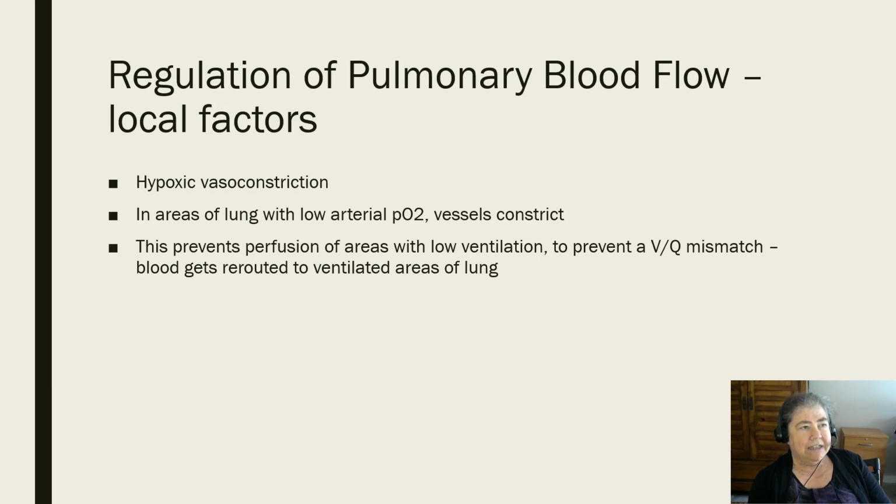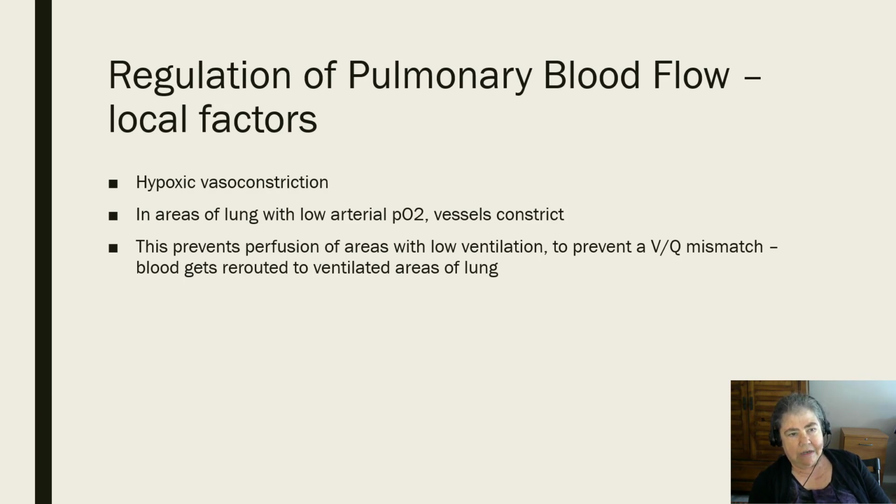Think about this: you're having your snack of peanuts and you toss a peanut and accidentally inhale it, and it goes straight down into your right lung, blocking a segment of lung. As you breathe, that segment of lung is not going to be getting air, and the air in the alveoli over the course of seconds to minutes is going to continue to lose oxygen until it becomes quite hypoxic.